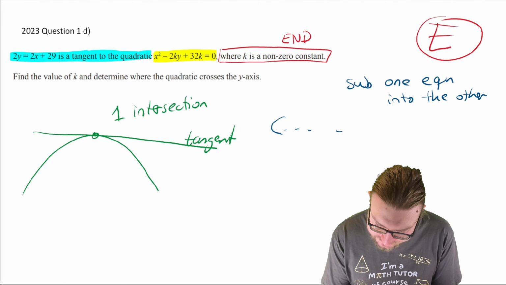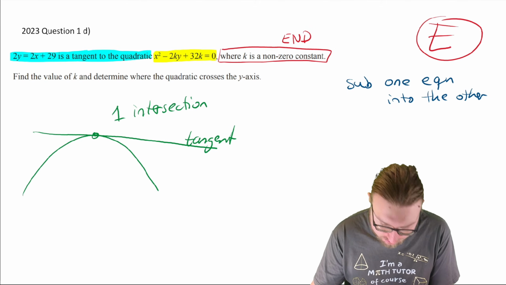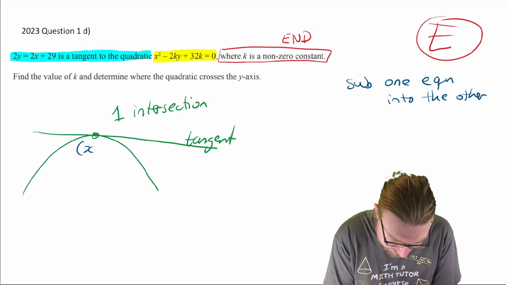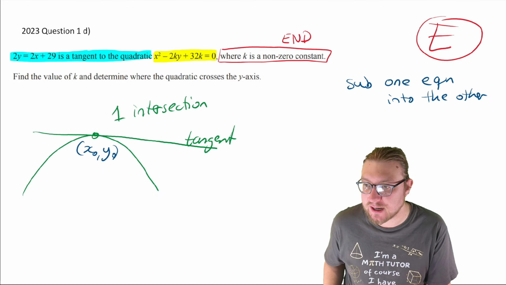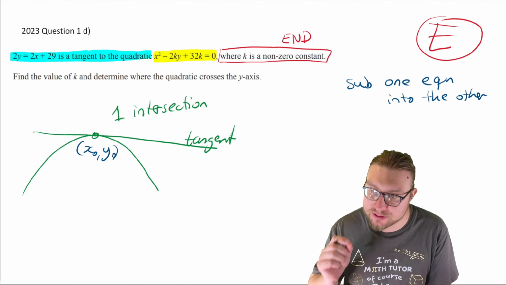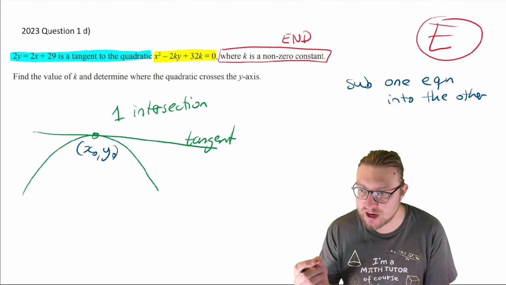Why can we do this? Because at a point of intersection between a tangent line and the graph itself, these values x0 and y0 share something. They are both on the tangent line, the straight line, at the same time as on the graph.